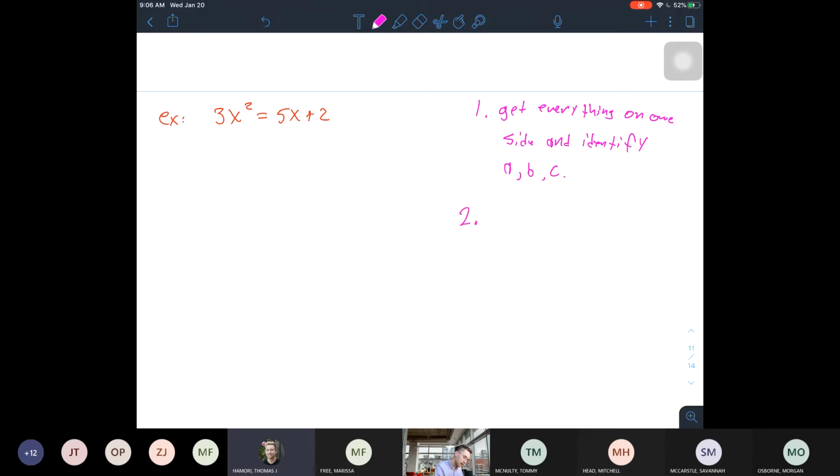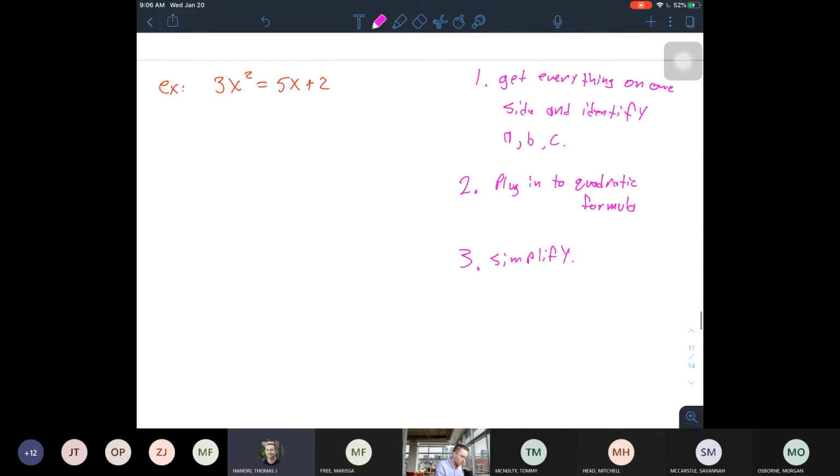The second step will be to plug into the quadratic formula. And the last step will be simplify. Okay, so let's do it. Our first step, we should get everything on one side.